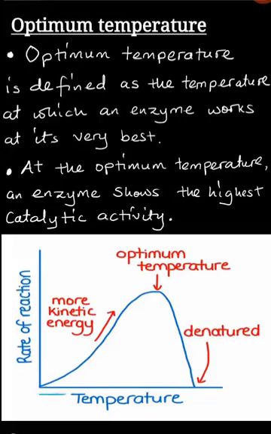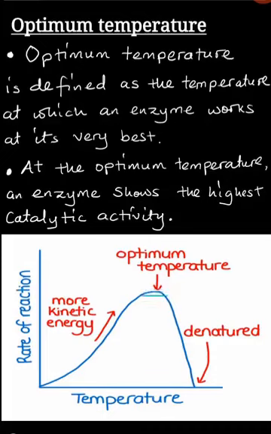So as you continue increasing the temperature, you will see that the speed of the reaction that is being catalyzed by an enzyme also goes up. So as you continue increasing the temperature, you are going to reach that temperature where the enzyme activity is at its highest. The speed at which the enzyme is working is at its highest.